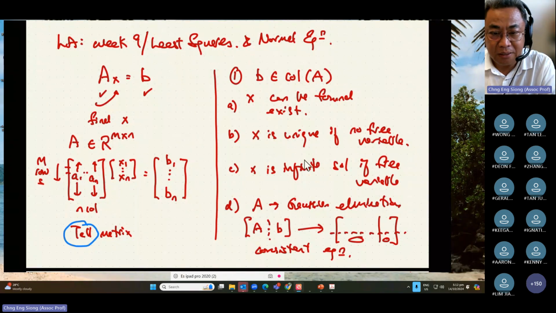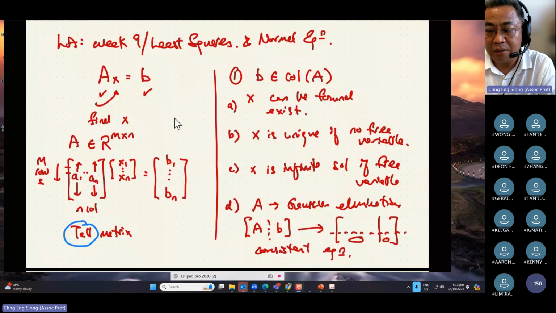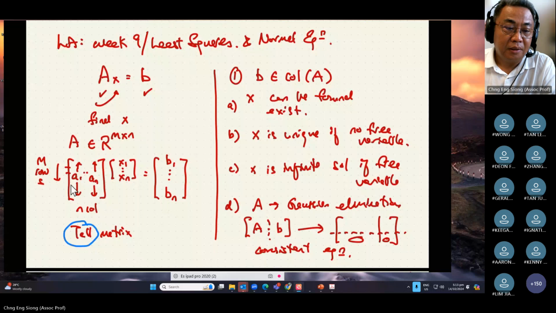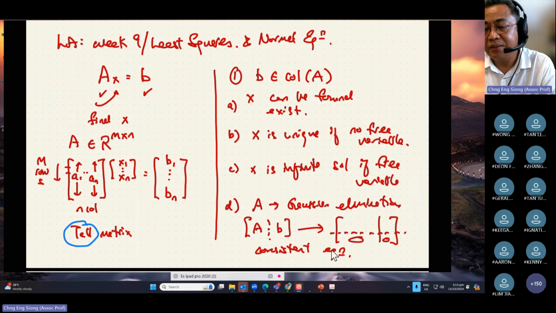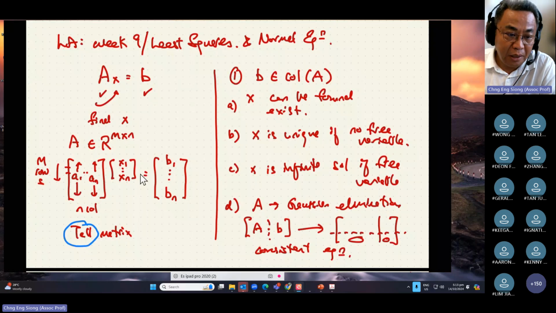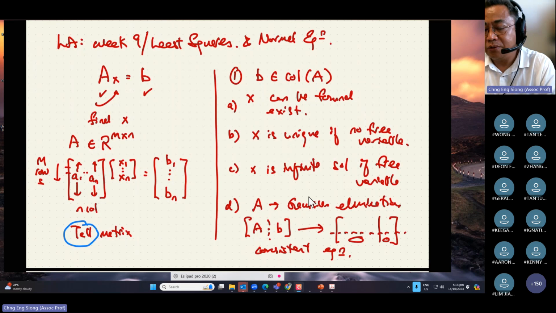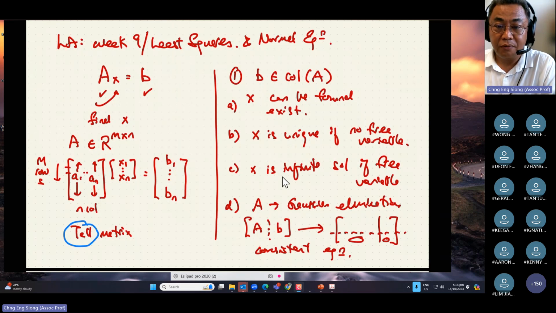We studied in detail in this 45 minutes how to solve for a tall matrix A. And then we observe that if B is in the column space of A, then AX can be equal to B, because B is in the column space of A. And then we introduce some other little additional possibilities of whether X is unique or X is infinite.